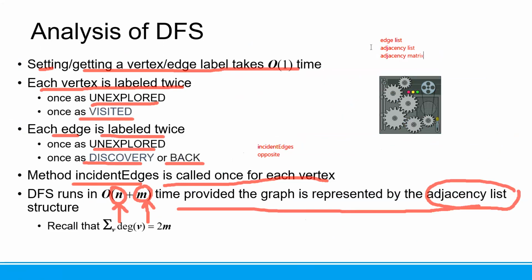So these three structures in the graph you need to remember. This O(n plus m) is for the adjacency list. And you already know from the properties of the graph, we have the summation of the degree of v equal to 2 multiplied by m. This is the property in the adjacency.